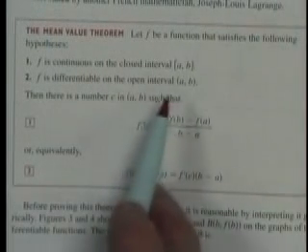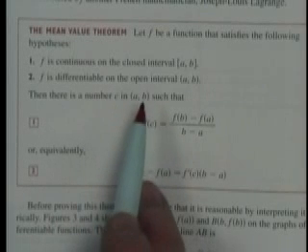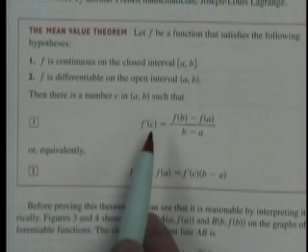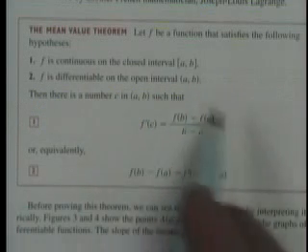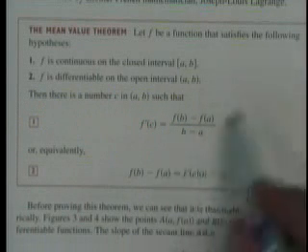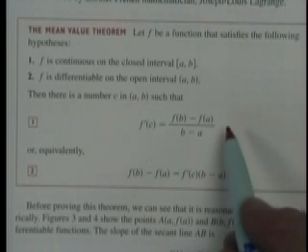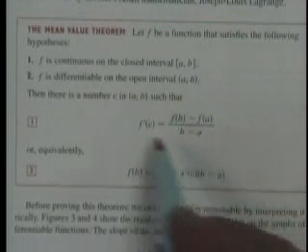So first part was still the same. There is a number c in my interval such that the derivative at c is equal to the slope of the secant line from the two endpoints. Okay, that's the idea. So I'm going to write this part down.